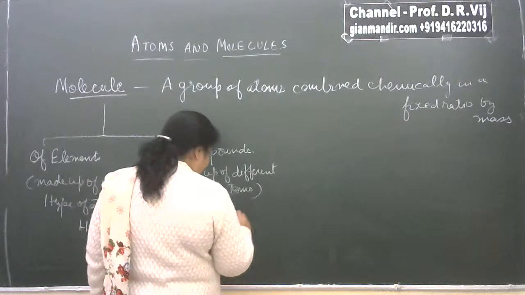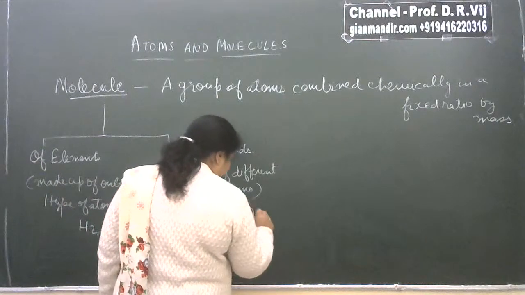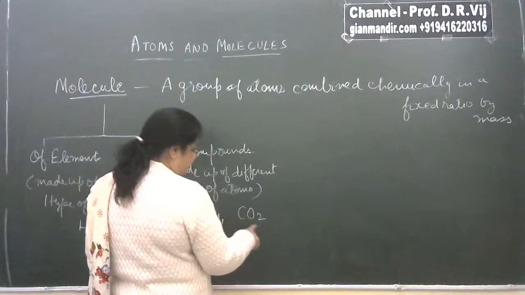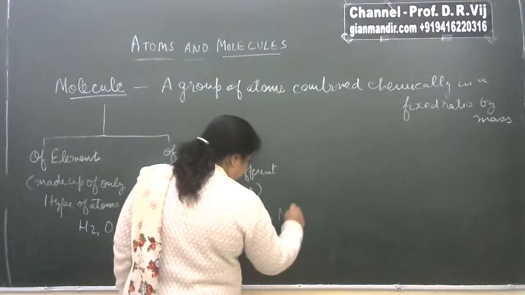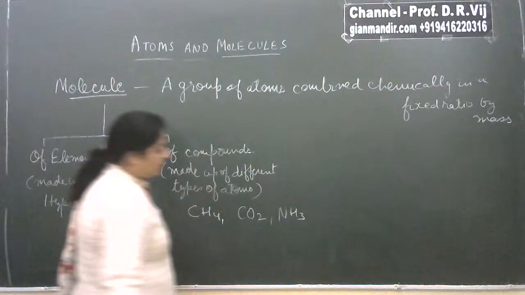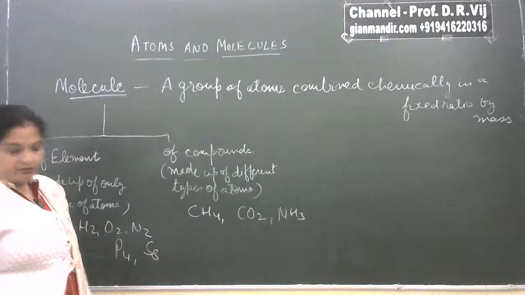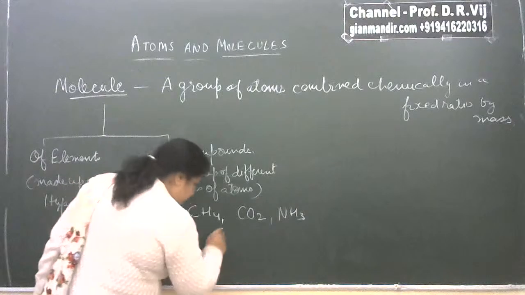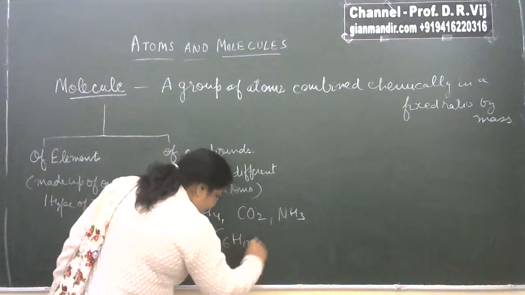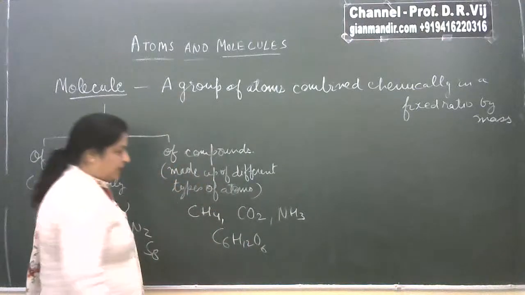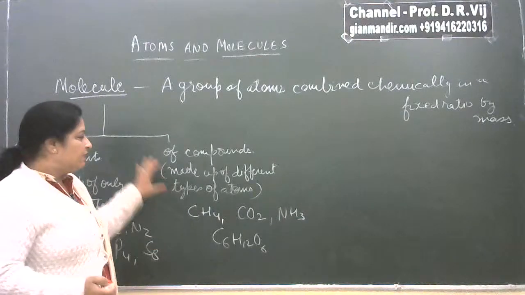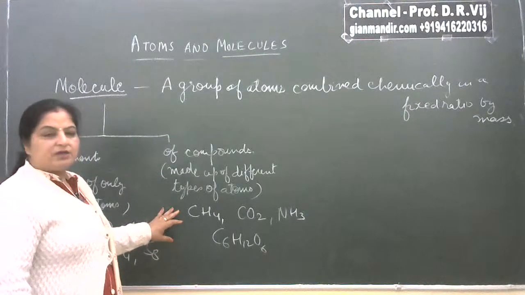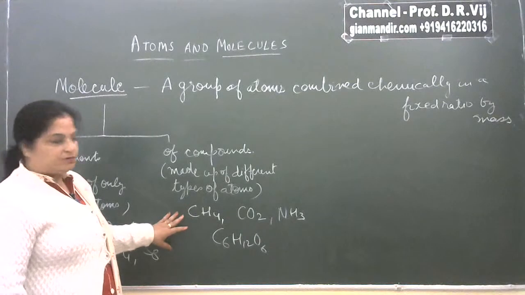Carbon dioxide is a molecule of carbon and oxygen. Ammonia is a molecule of nitrogen and hydrogen. Glucose is a molecule of carbon, hydrogen and oxygen. The list is very long, an endless list of molecules of compounds.